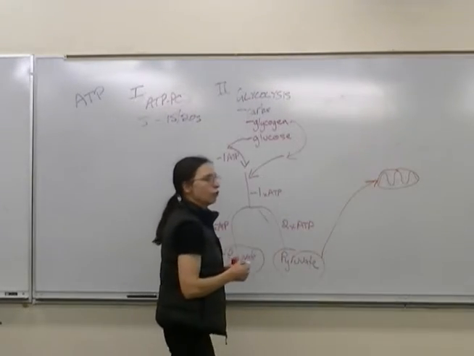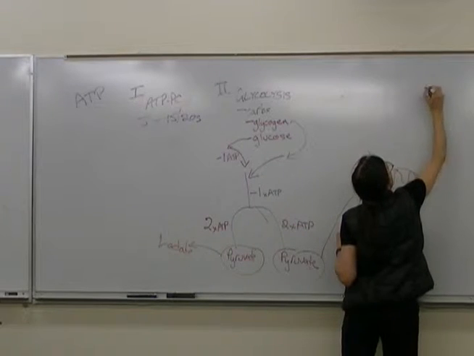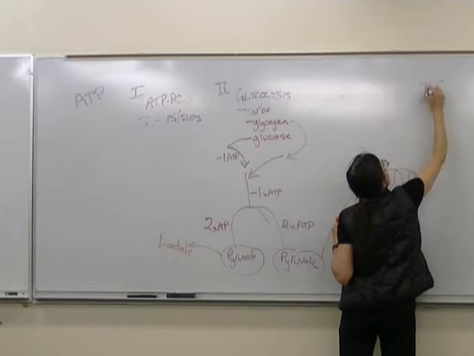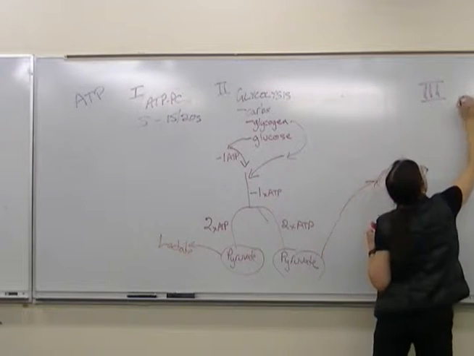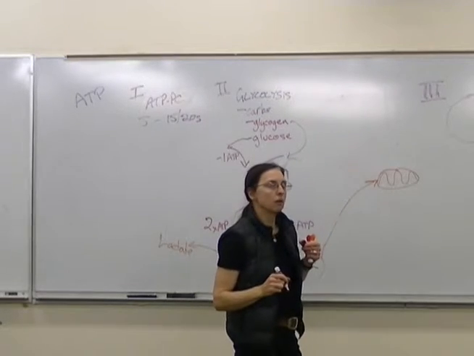And in the mitochondria, we're going to have system 3. What's the first part of system 3? Krebs cycle.